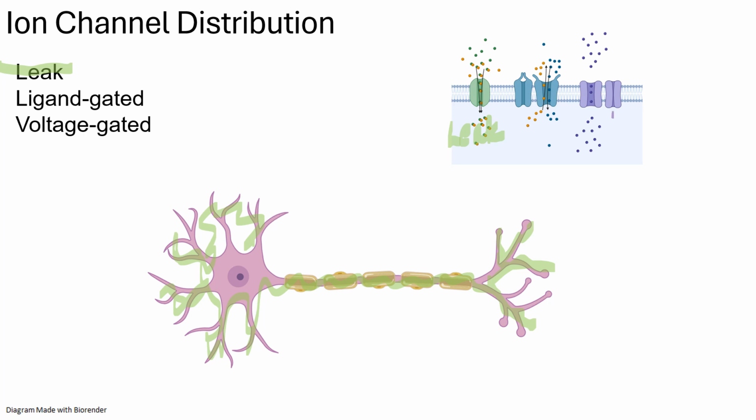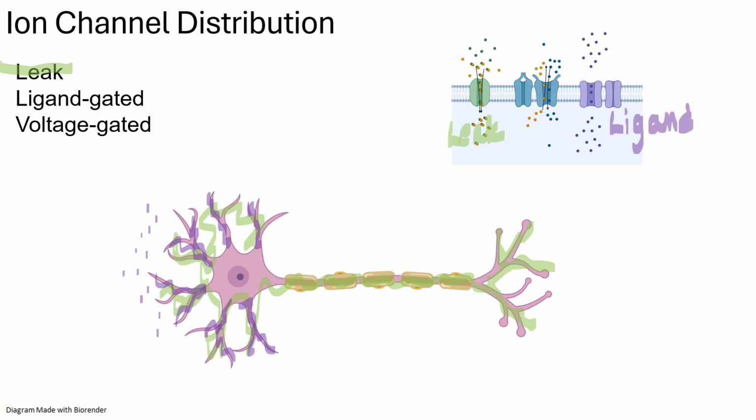Ligand-gated channels, which are these purple ones here, are only located where this neuron would be coming into contact with the axon terminal of another neuron. And so for our purposes with this multipolar neuron, that would be where all of the dendrites are. All of these dendrites have ligand-gated channels because these ligand-gated channels are able to respond to neurotransmitters.